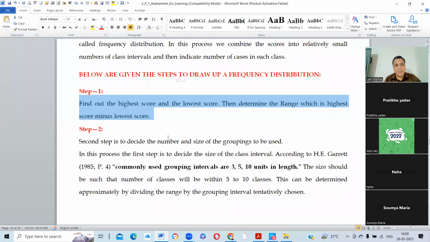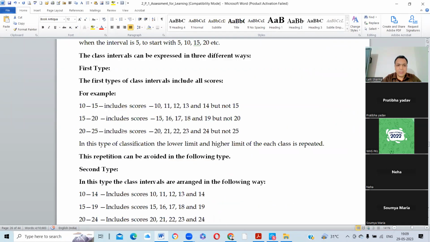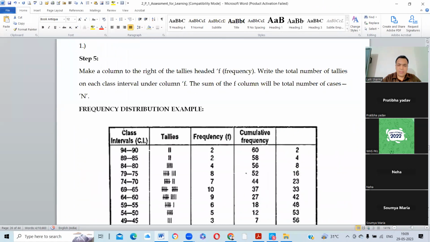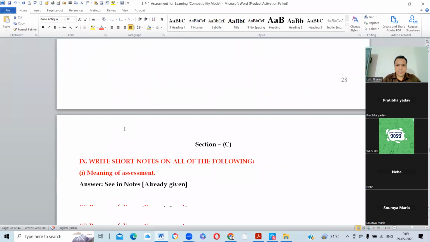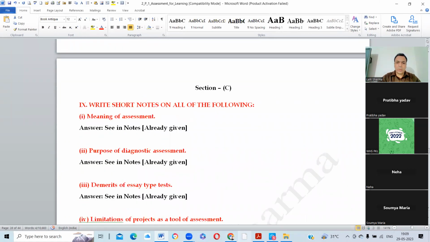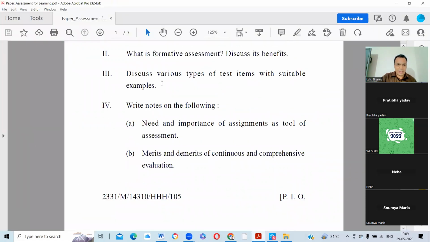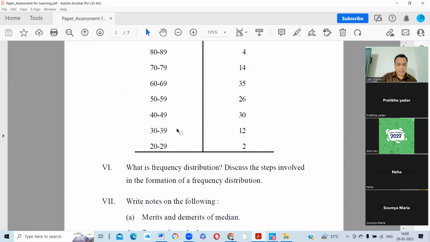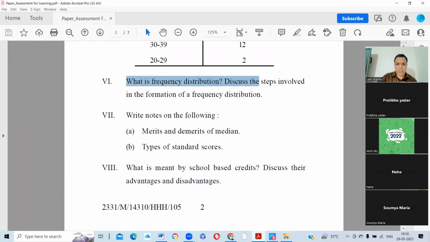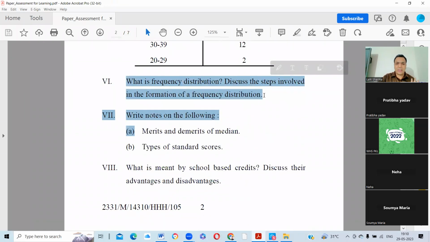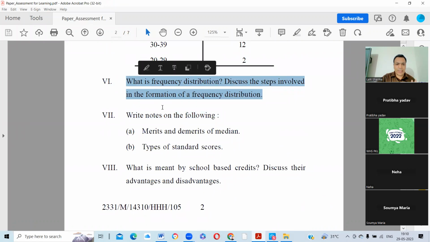Then determine the range, which is the highest score minus the lowest. Step 2, what we have to do? Step 3, then step 4, step 5, right? Frequency distributions. So I think all the 4 or 5 questions we have discussed, right? You can see that, frequency distribution, discuss the steps involved in the frequency distributions. Right?